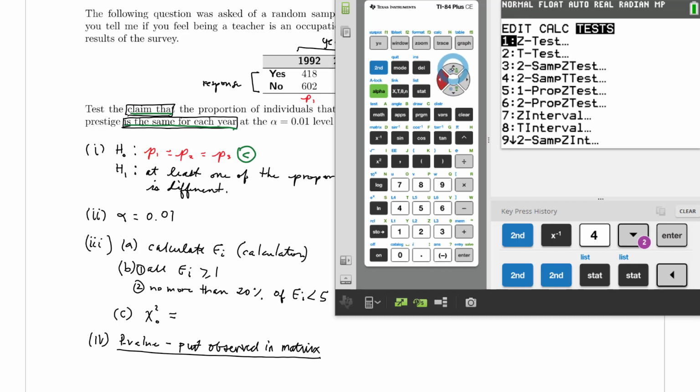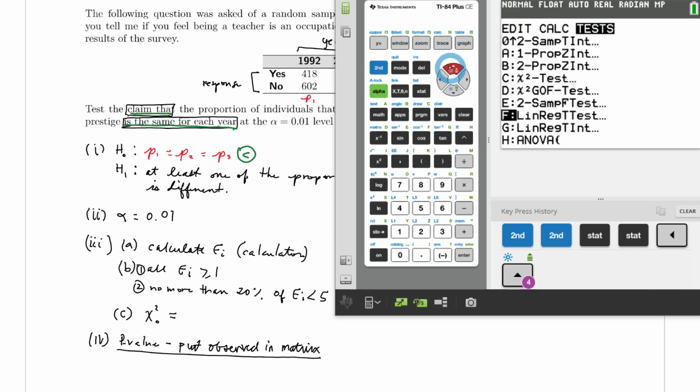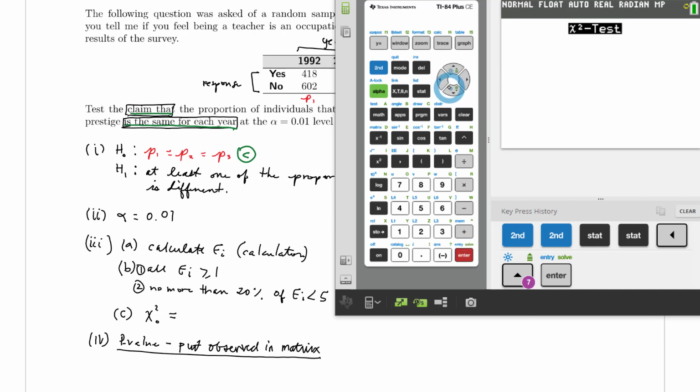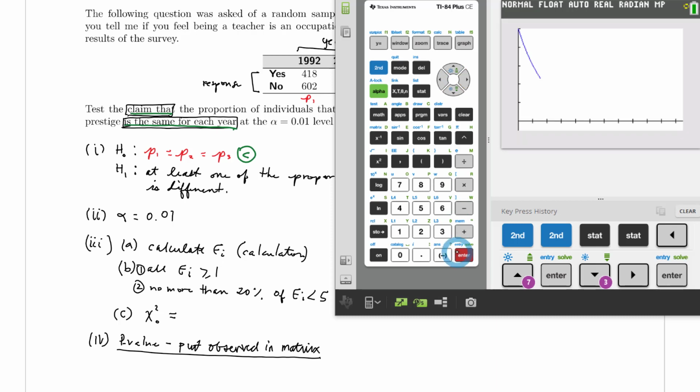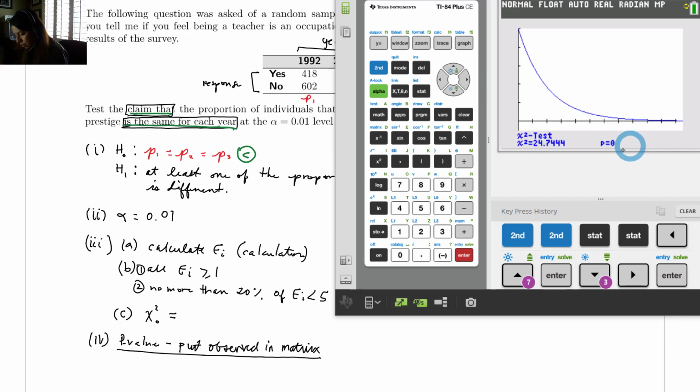And let's draw it. The p-value is pretty small, so when it draws, you probably won't see it, right? And notice again, the p-value is going to appear to be 0 because that chi-squared is way to the right.